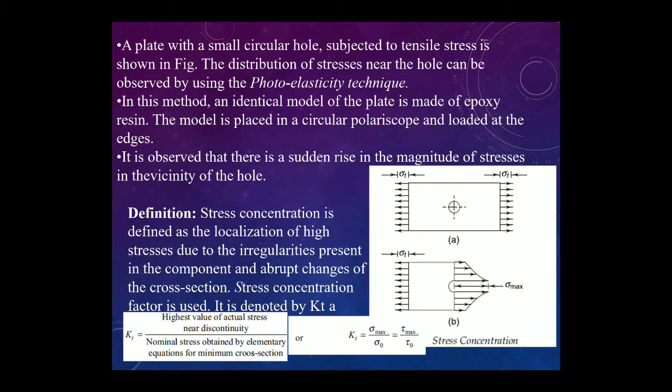Now Kt is the ratio of the highest value of actual stress near the discontinuity to the nominal stress obtained by elementary equations for the minimum cross section. We can say that Kt equals sigma max by sigma 0, or tau max by tau 0.